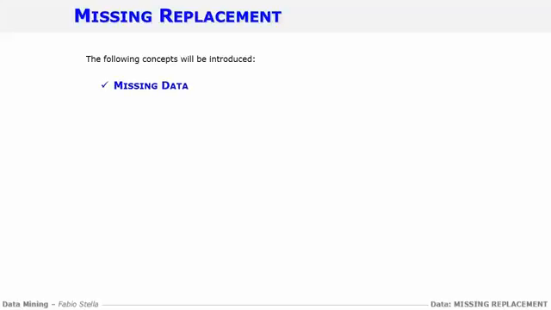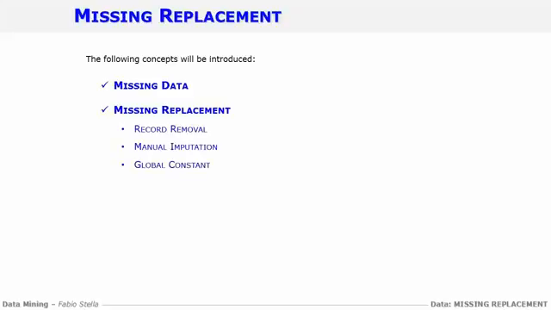We start with the concept of missing data, and then we focus our attention on different strategies for missing replacement, including record removal, manual imputation, global constant, mean and mode replacement, conditional mean replacement, and finally most probable replacement.